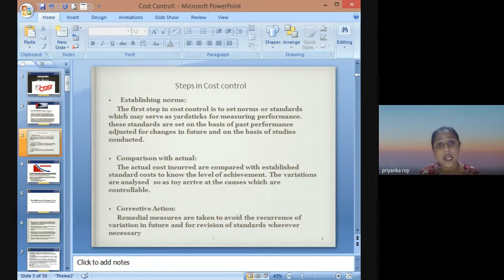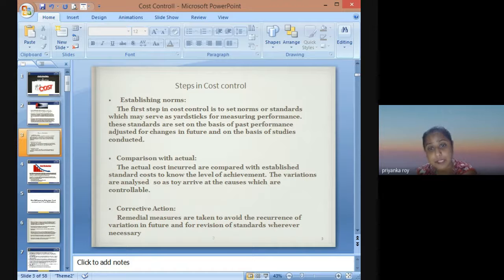These standards are set on the basis of past performance, adjusted for challenges in the future, and on the basis of studies conducted. Next, comparison with actual work: the cost incurred is compared to the established standard cost, which is known as the level of achievement.